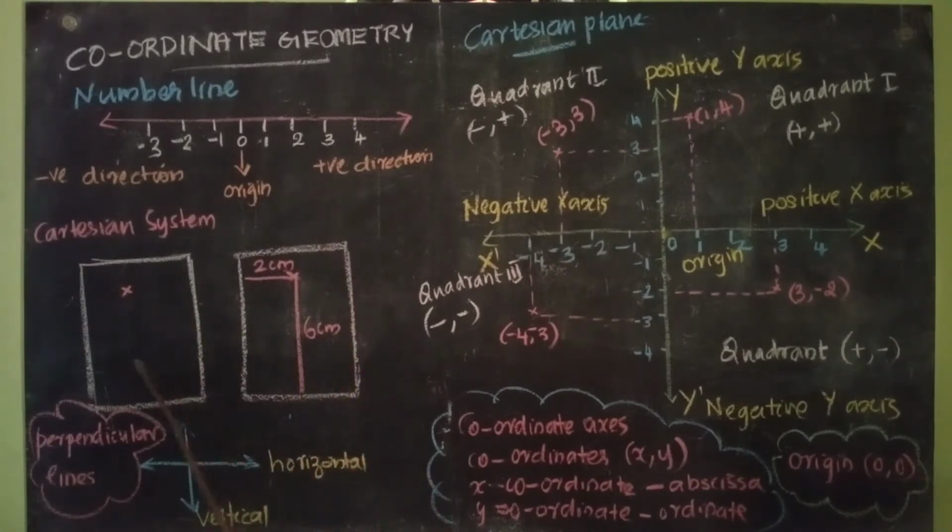This type of discussions lead to the rise of one important branch of mathematics, coordinate geometry. The greatest philosopher and mathematician René Descartes introduced the idea of locating a point on the plane.